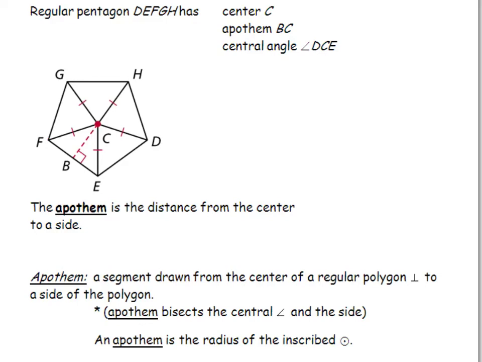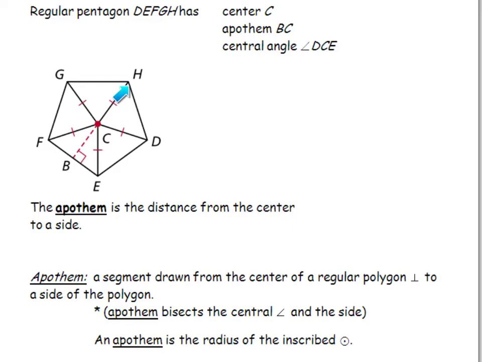So I'm going to give you this diagram here, and you are working with a regular pentagon. Regular meaning all the angles are the same, all of the sides are congruent. So the pentagon is DEFGH, and it has a center of C, right in the middle, and it has central angles that we're going to talk about: central angle DCE, even angle HCD or GCH or GCF, FCE.